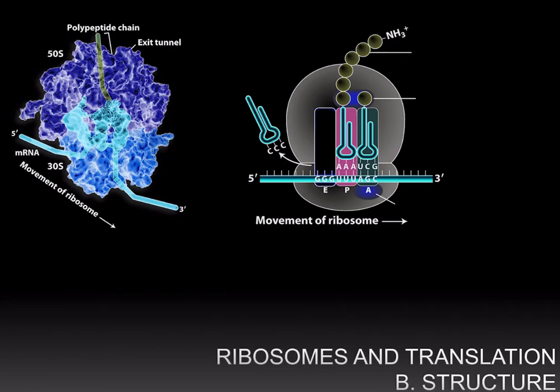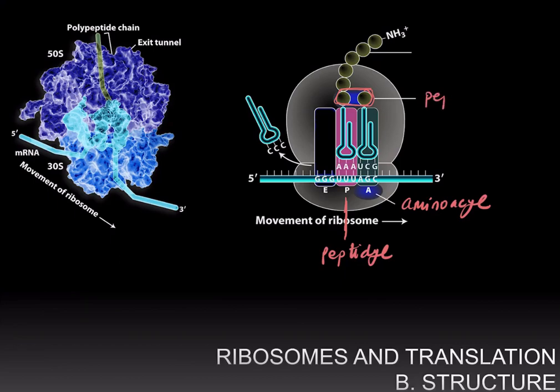Now, what are these 3 sites? There's A, where the aminoacyl tRNA, the charged tRNA, enters the ribosome, and so this is the aminoacyl site. Then P refers to peptidyl, and in the large subunit, this area is what would be considered the active site of the ribosome.